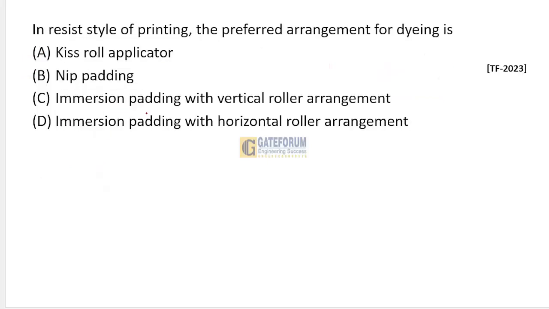Now coming to the next question, it says that in resist print style of printing, the preferred arrangement for dyeing is in case of this type of printing. If I talk about the printing process, there are different types of styles: resist style, discharge style of printing, and others. The arrangements are also different depending upon the style of printing used.